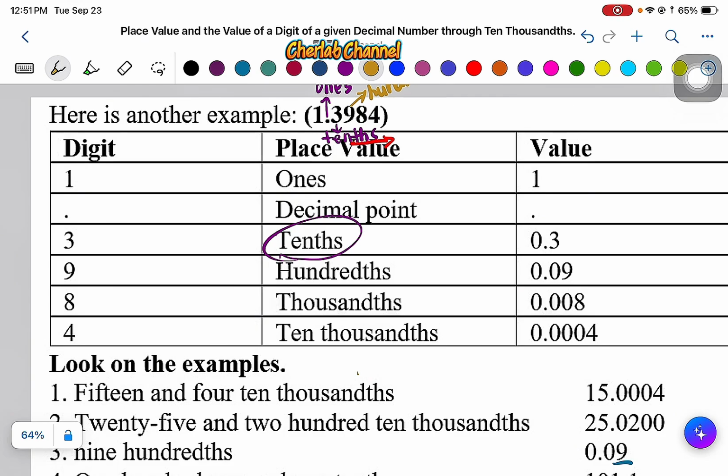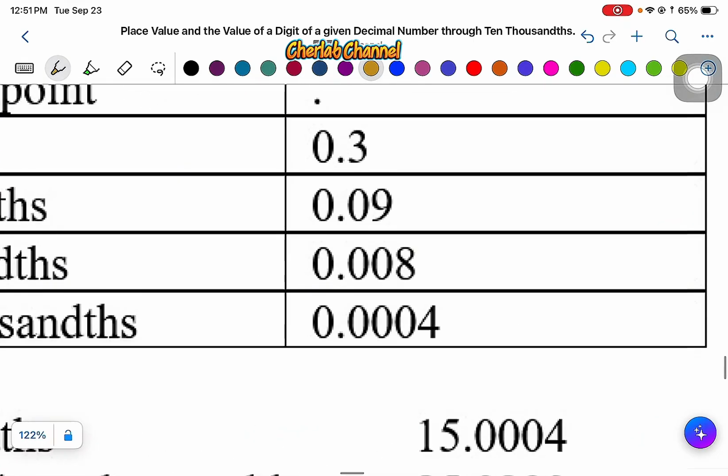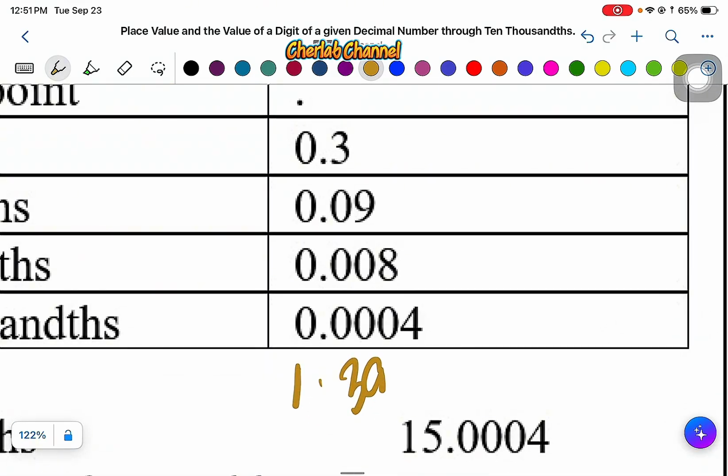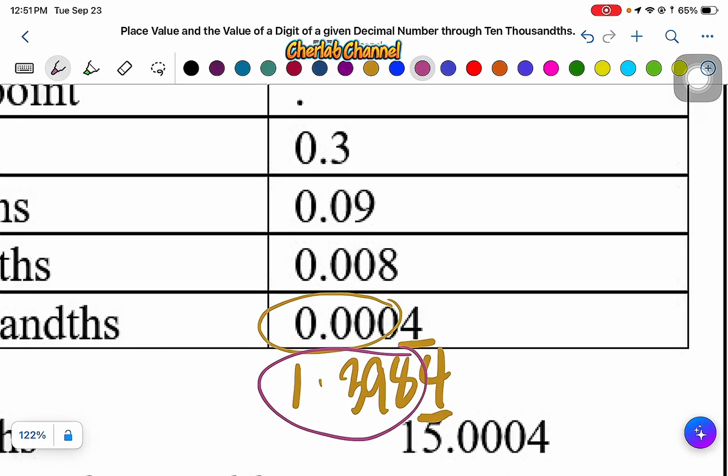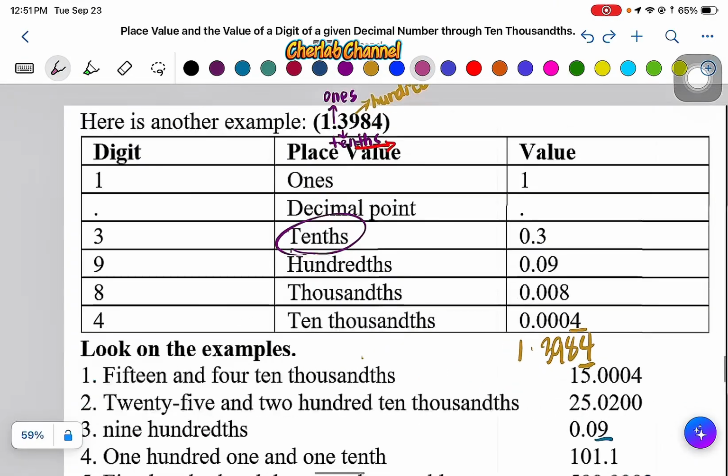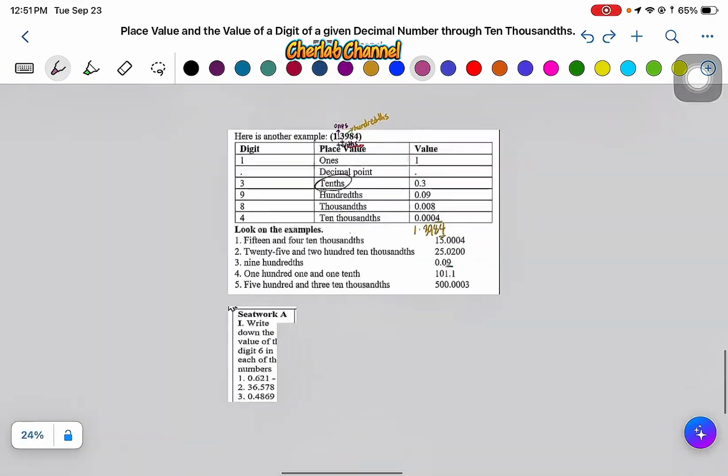The 4 would be ten-thousandths, which has a value of 0.0004. So, kung papalitan natin yan, 1.3984. So, ito si 4. Pinalitan lang lahat ng mga digit na naiwan as 0. Because nga, ang hinahanap is yung value lang ni digit 4.